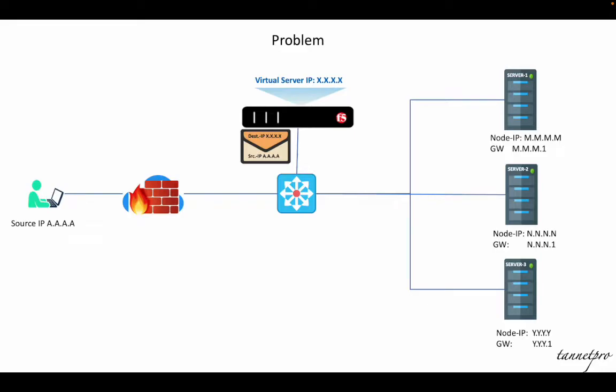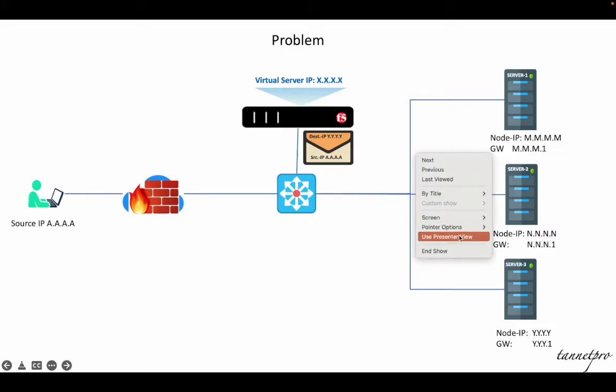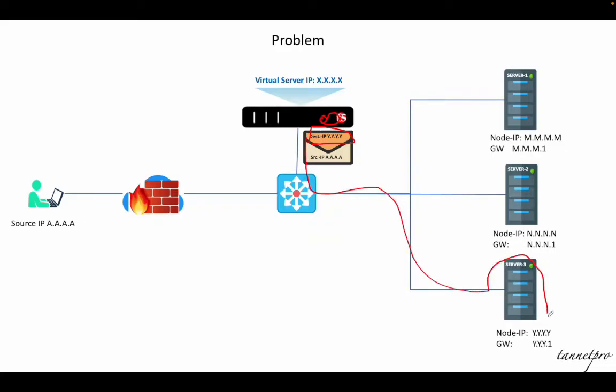Once it receives this packet, it will change the destination based on the running load balancing algorithm, choosing which server is available in your server pool. Here the destination IP has been changed to YYY. Why? Because it runs under this F5 load balancer, and it elected this server as available now.